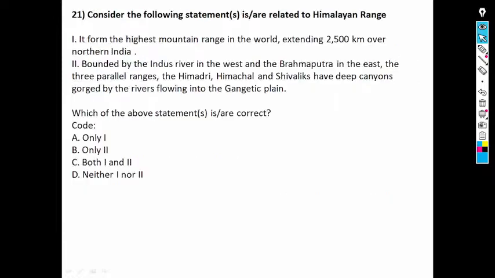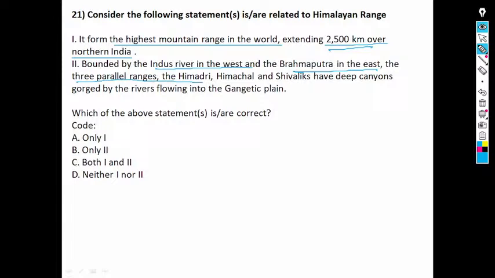Next, consider the following statements related to the Himalayan ranges. It is the highest mountain range in the world, extending 2500 km over northern India, bounded by the Indus River in the west and the Brahmaputra in the east.